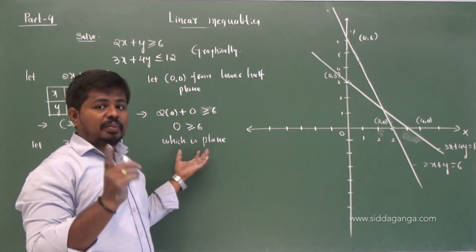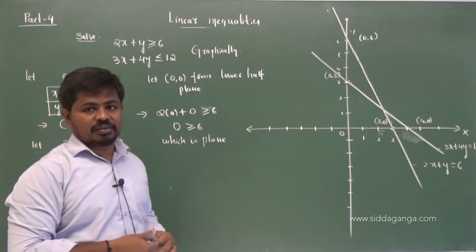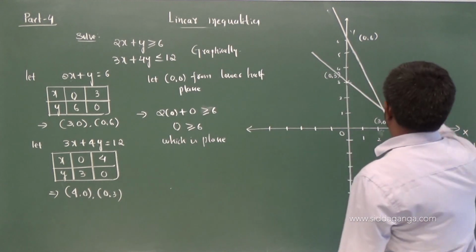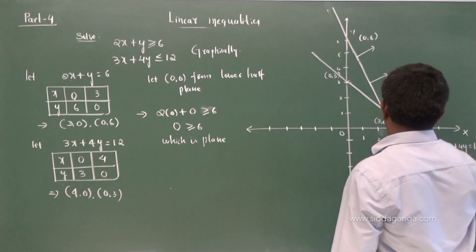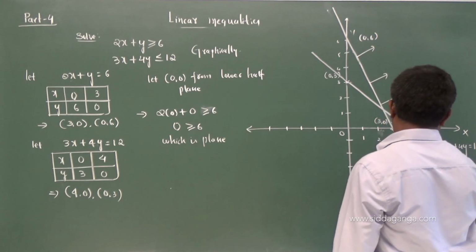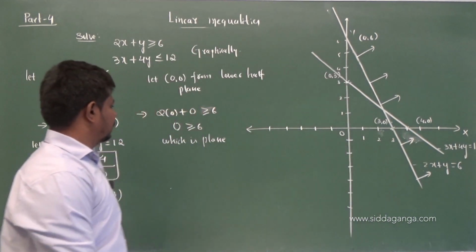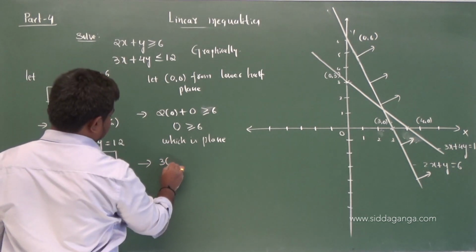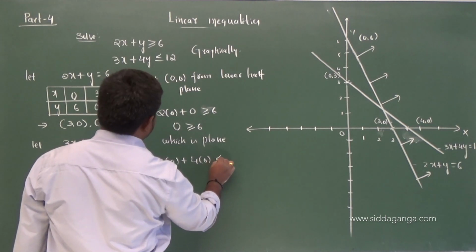Then the plane opposite to the line 2x plus y equal to 6 will be the solution region. This is the solution region for this line. Now, second inequality: 3 into 0 plus 4 into 0 is less than or equal to 12.